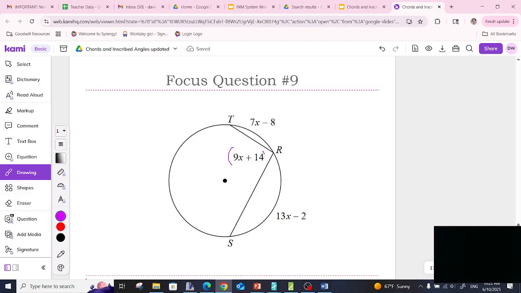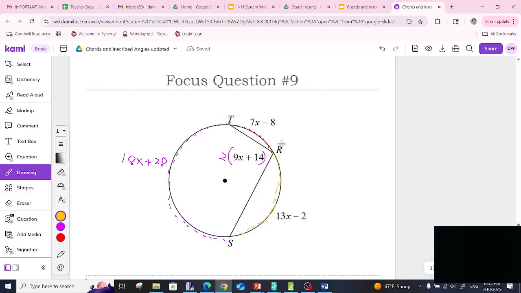You're going to multiply this by 2, and that's going to equal this arc over here. So the 18x plus 28 has to equal this arc, right? Now I have all the outside arc measures, right?